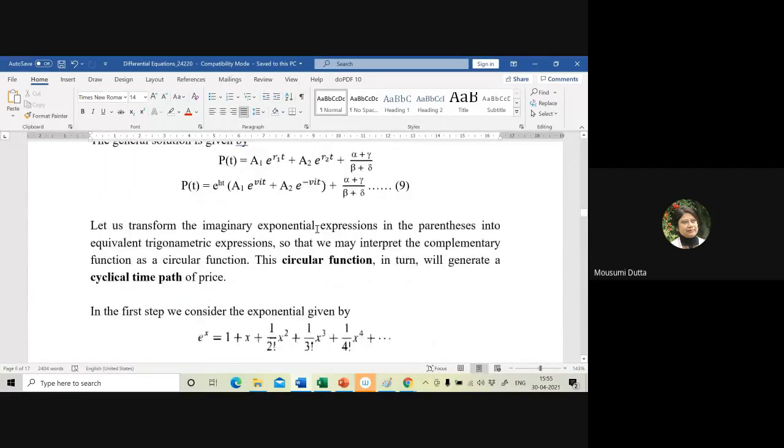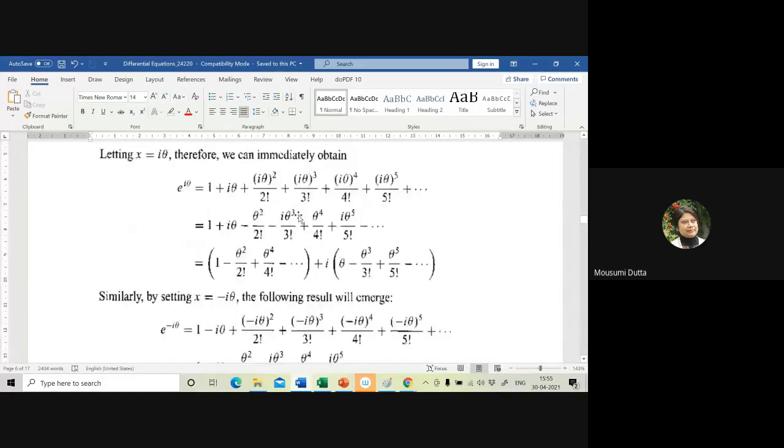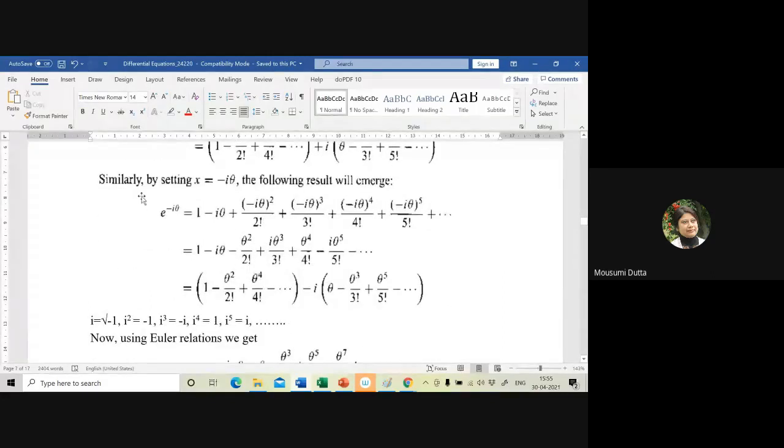However, I have another root as well, which is giving me e to the power minus i theta. Similarly, setting x equal to minus i theta, the following result will emerge.